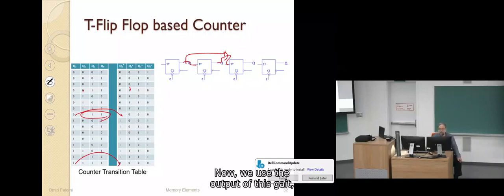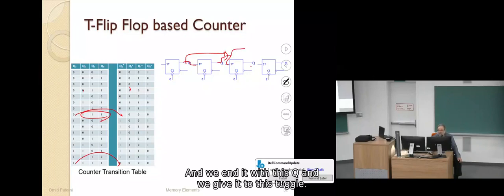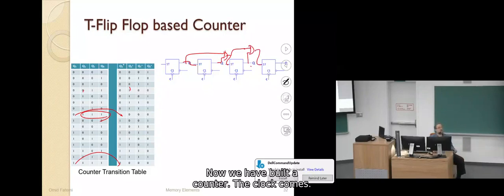Otherwise, it shouldn't. So now we use the output of this AND gate, which is the AND of Q0 and Q1, and we AND it with this Q, and we give it to this toggle. Good? Done. Now we have built a counter.